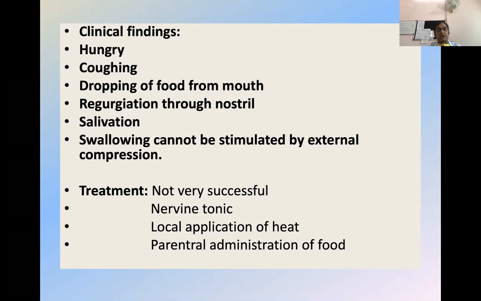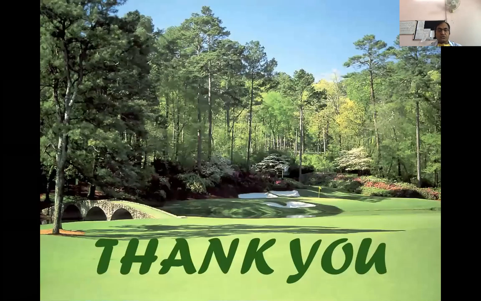We apply hot fomentation, local application of heat, and then parenteral administration of food. That means we go for fluid therapy, parenteral administration of fluid, for a certain period of time. And if it is not a complete paralysis of this region and paresis is there, certain cases can recover. So parenteral administration of food is very important in case of pharyngeal paralysis also.